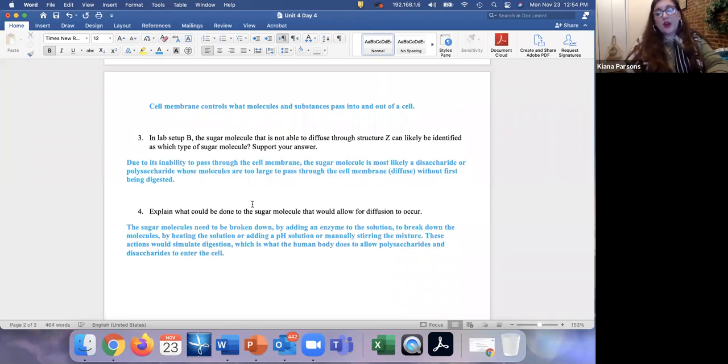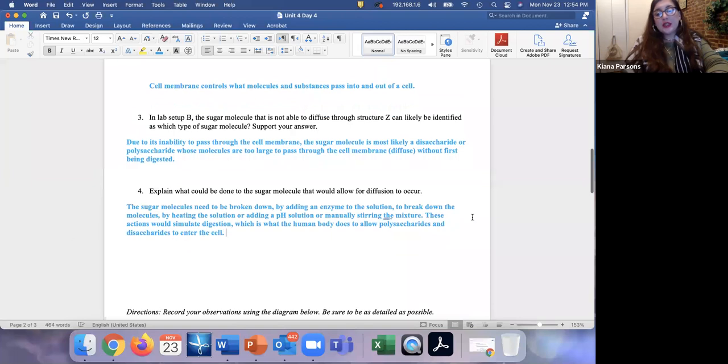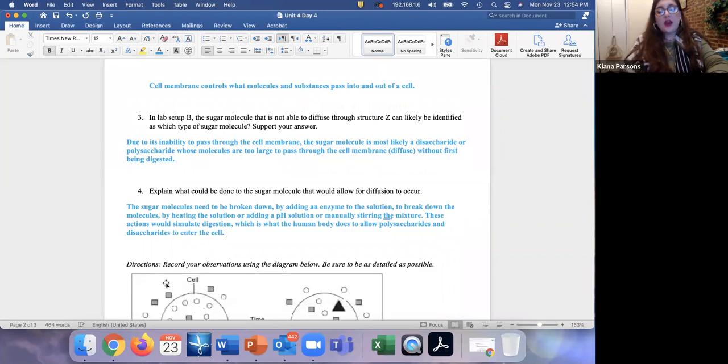Right, so enzymes, heating the solution, all of these different things might work. But ultimately, what needs to be done, they need to be digested. They need to be broken down.